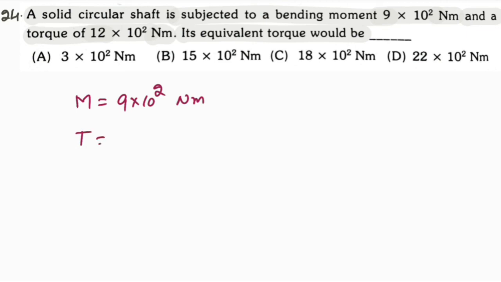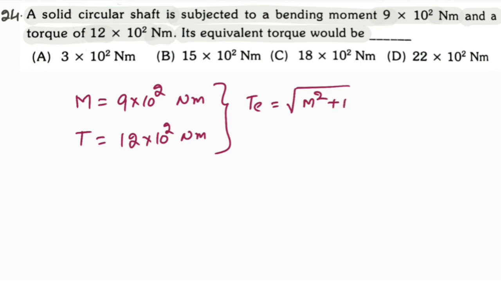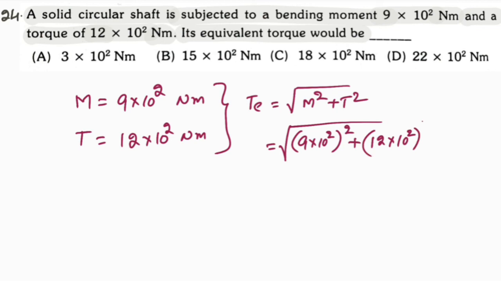Similarly, torque T is given 12 into 10 power 2, also in Newton meter. You are asked to find the equivalent torque. Equivalent torque T equal to root over M square plus T square. Simple problem. M square is 9 into 10 power 2 whole square plus 12 into 10 power 2 whole square. You simplify this value.